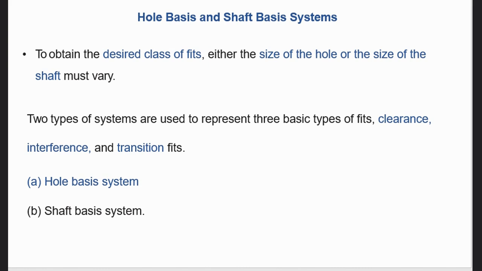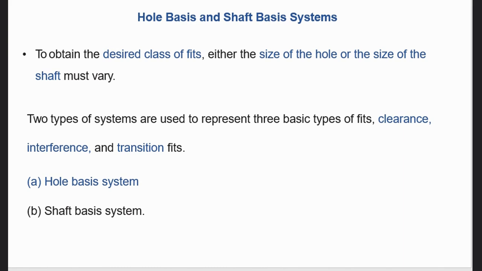For example, my hole size will be 30 mm, which I'll keep constant, and depending upon my requirement for clearance fit, interference fit, or transition fit, I will keep on varying the shaft size, like 29.99. If I assemble a shaft of 29.99 with a hole of size 30, I will get a clearance fit. If I change the size of the shaft to 30.01, the shaft is a little bigger than the hole, so that will become an interference fit.